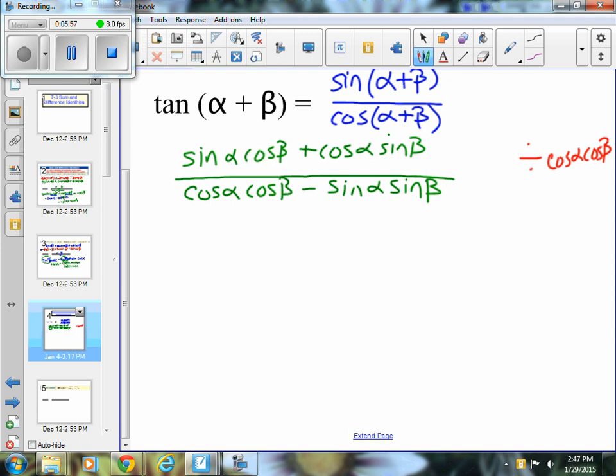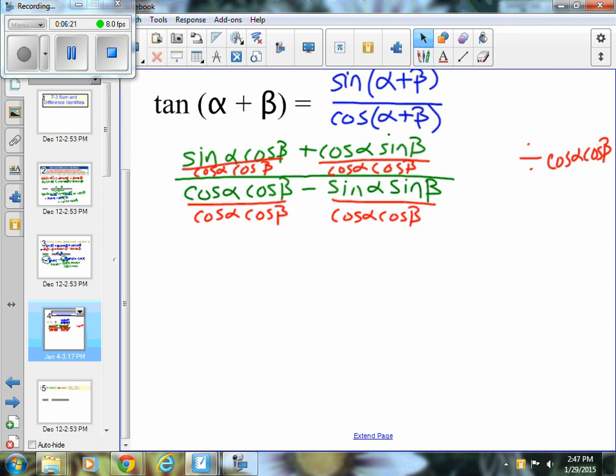So I'm just going to take every expression in that fraction and divide it by cosine of alpha, cosine of beta. I'm going to do it for all four of them. And it's okay to do because I'm doing the same operation for every one. So I'm not changing the value, I'm just changing what it's going to look like. So I'm going to divide all four of them by cosine alpha, cosine beta, and then reduce and see what I get. That will generate my formula.